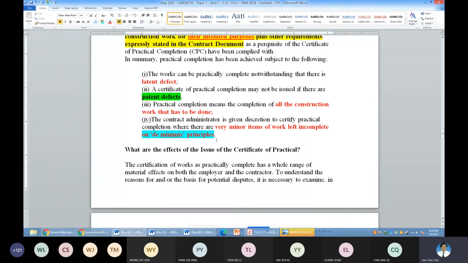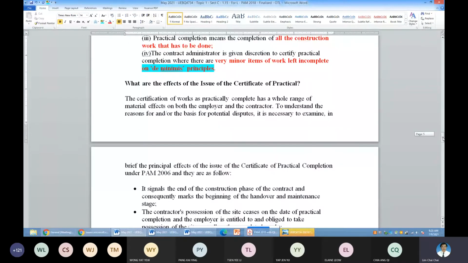Some of them may give you the CPC even though there are hundreds of items of minor defects. Some of them may not give you the CPC even if you have 20 minor defects. So all very, very subjective. So then what is the effect of CPC?